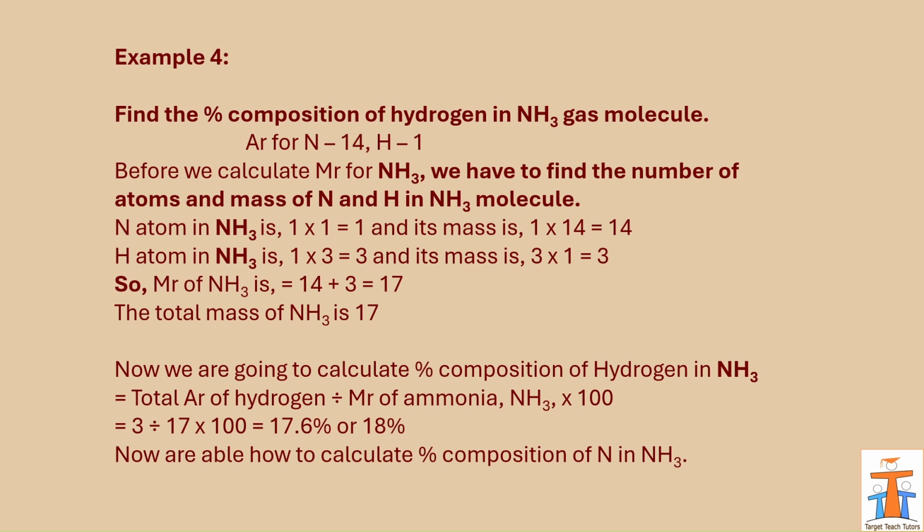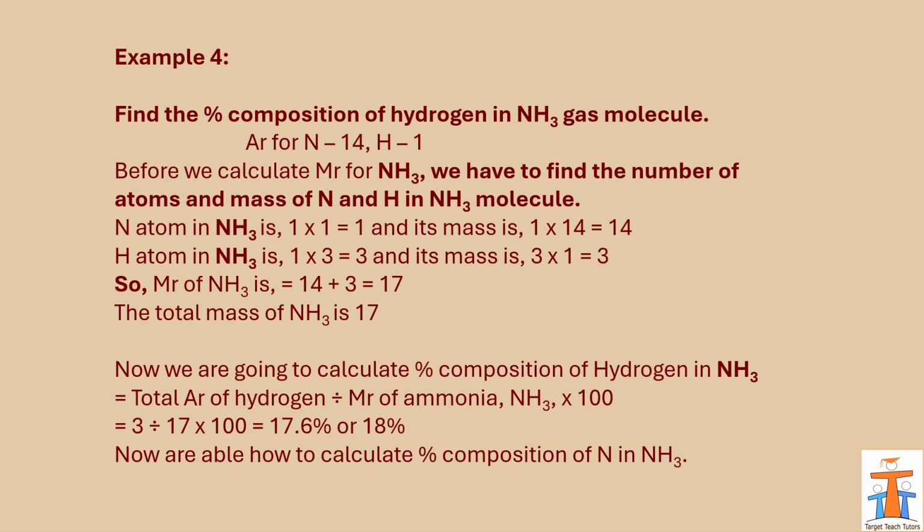Nitrogen atom in NH3 is 1 times 1 is equal to 1 and its mass is 1 times 14 is equal to 14. Hydrogen atoms in NH3 is 1 times 3 is 3 and its mass is 3 times 1 is 3. So relative formula mass of NH3 is 14 plus 3 is equal to 17.